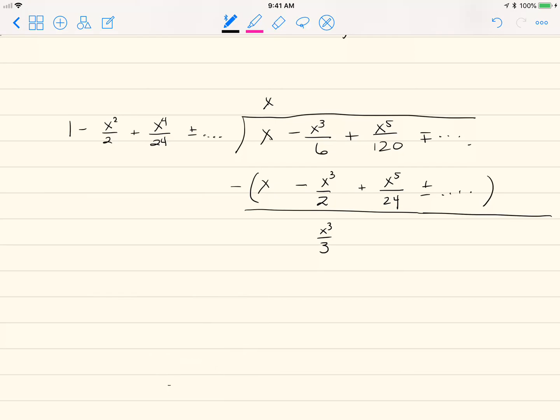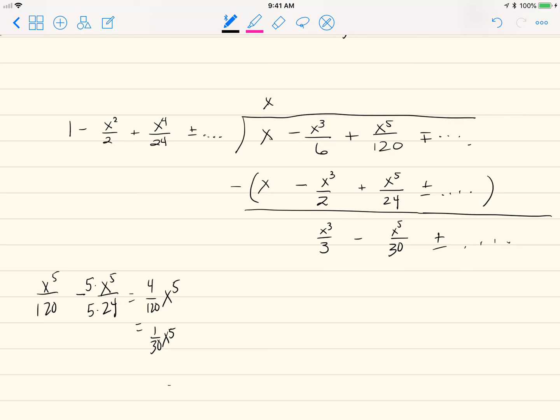Now what is x to the 5th over 120 minus x to the 5th over 24? Multiply the top and the bottom by 5. So we'll have minus 4x to the 5th over 120. And 4 over 120 we can simplify, so it's 1 over 30 x to the 5th. Okay, we've got plus and minus, whatever.